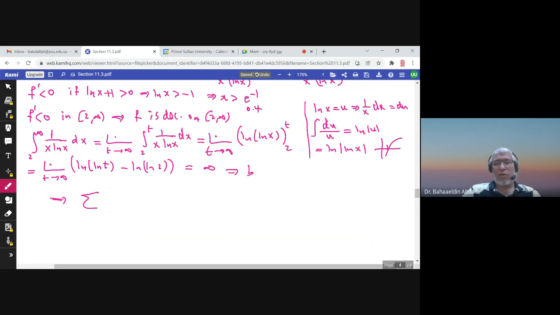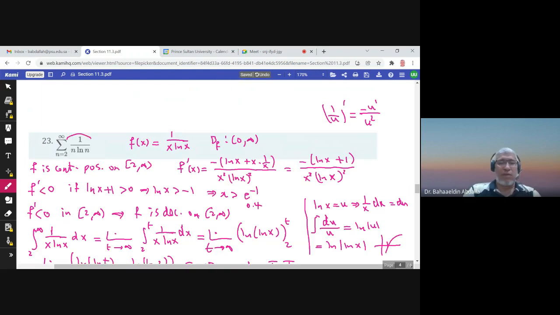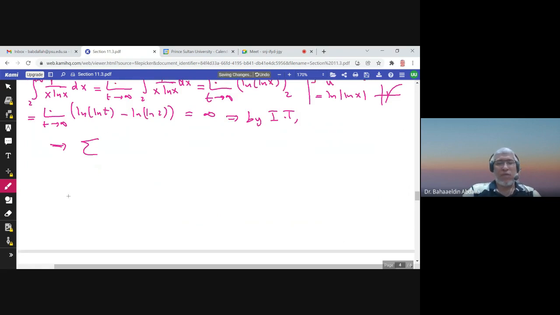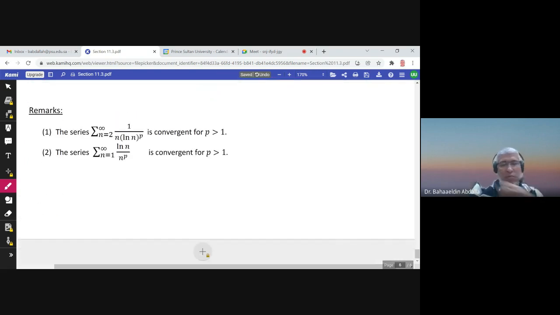So by the integral test, this here is a_n, so the summation of a_n from 2 to infinity diverges. And this is what we know from this remark, but this is the proof, okay?